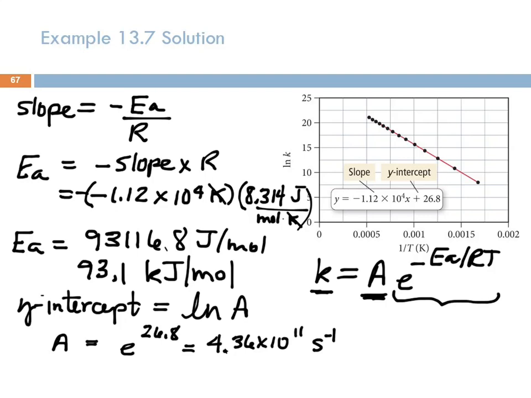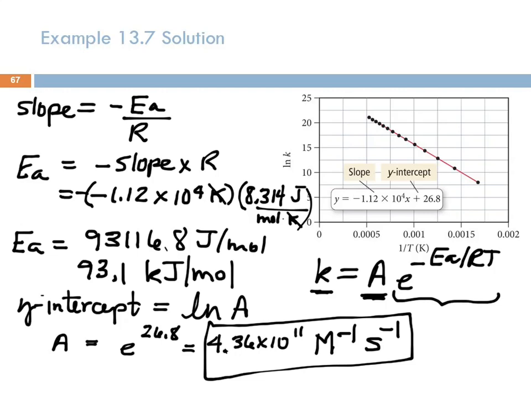So we put units on this by going back and looking at the units on the rate constant, which were molarity to the -1, seconds to the -1. Okay? Any questions? So this is one answer, and this is the other answer.